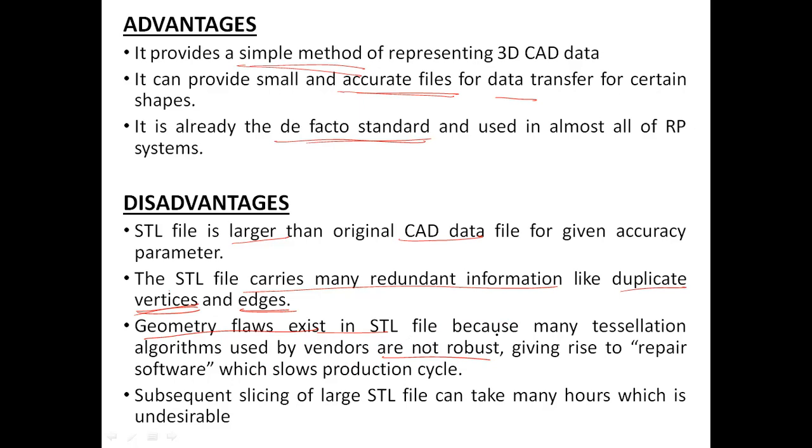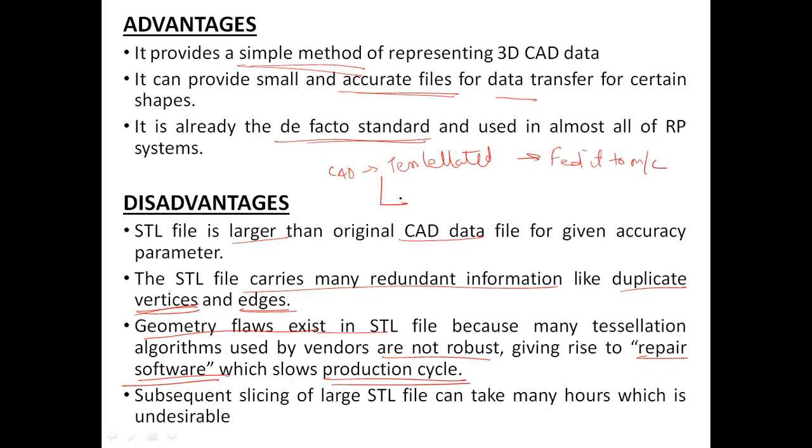As a result, what you basically require is a repair algorithm or repair software, which will actually reduce the production cycle. Because earlier what happened was you had a CAD model, you tessellated it, and then you simply fed it to the machine. So this was the system that was conceptualized.